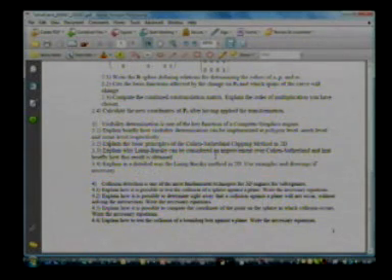Then a little bit more difficult. Explain the basic principle of the Cohen-Sutherland clipping method in 2D. You remember Cohen-Sutherland? It was about dividing the clipping space in 3 by 3, so 9 regions, assigning outcodes to each region, and then assigning outcodes to every endpoint of each segment, and then comparing bit by bit the outcodes of the two endpoints.